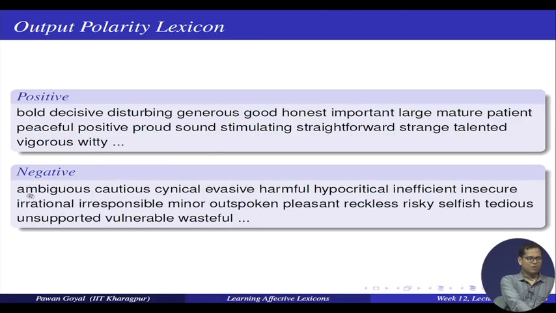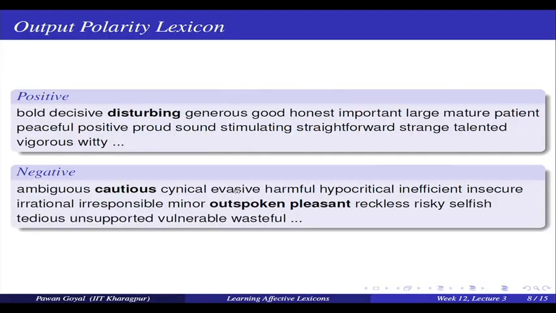Similarly, these are the words that they obtained for negative sentiment. So ambiguous, cautious, cynical, evasive, harmful, hypocritical, and all of these look like words with negative sentiment. This was obtained by giving a seed label to only a few words, not these words. When you found out the words with different connectives, you were able to obtain this positive and negative class.